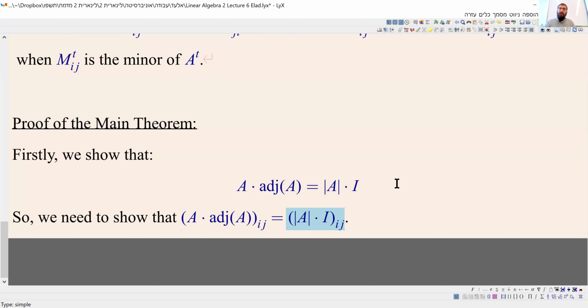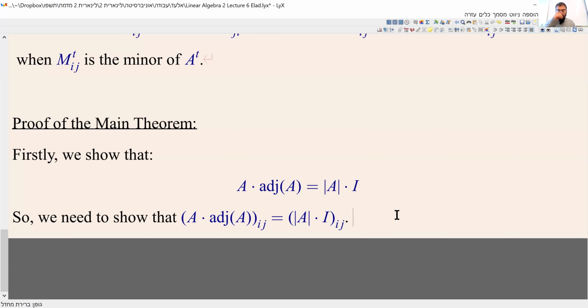If i equals j, meaning the element is on the diagonal, it should be the determinant of A. And when i is not j, the element should be 0. We have two cases.